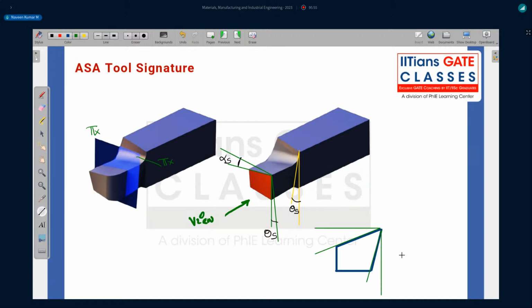This is the angle. Okay, and this is your end flank, obviously. This is the end flank.